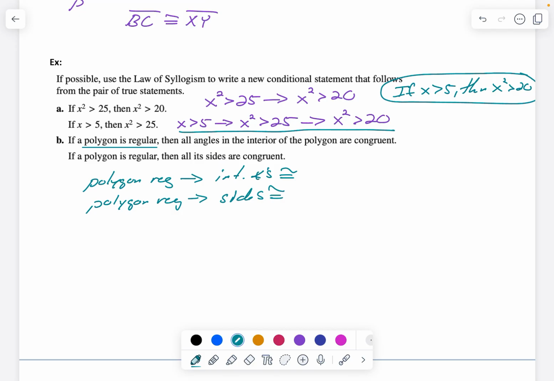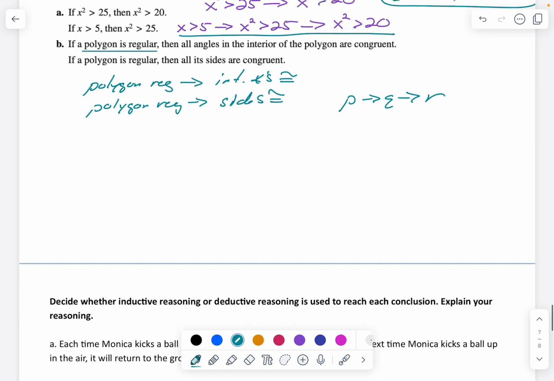So you can see we have a repeat first one, but our hypothesis gives us two different conclusions. We can't make that P, Q, R chain of reasoning. We can't put these together. It's just polygon regular, interior angles congruent, polygon regular, sides congruent.